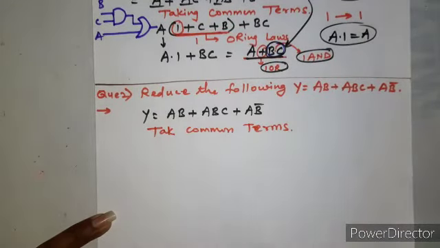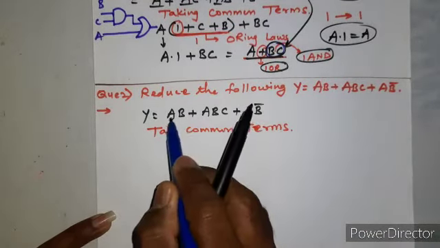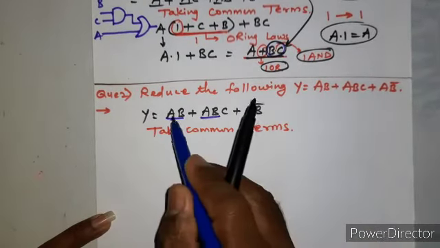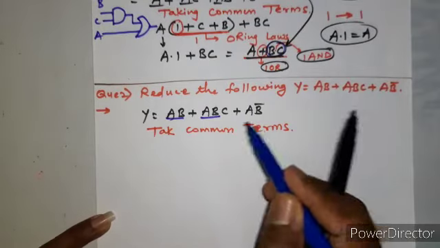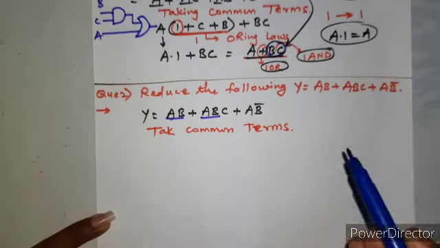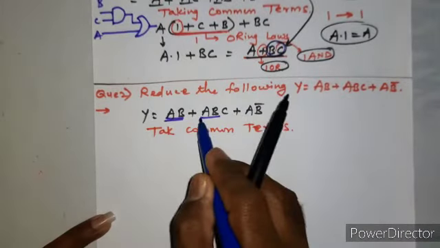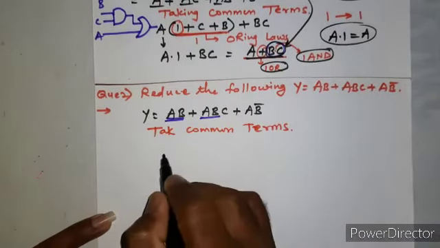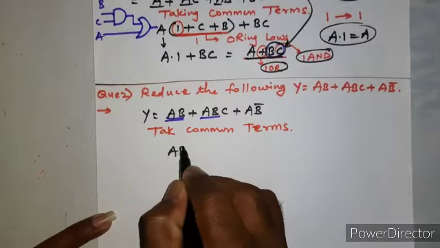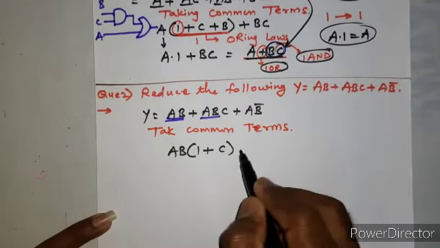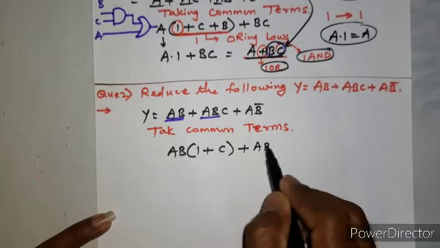If you can see, we have AB and AB common here. We have A common here, but that won't work to reduce this circuit, or you can even try for that, but let's go for AB first. So I have AB(1 plus C) plus AB bar.